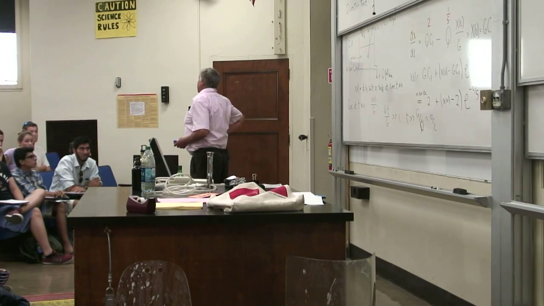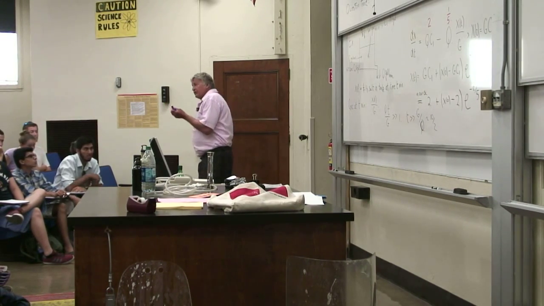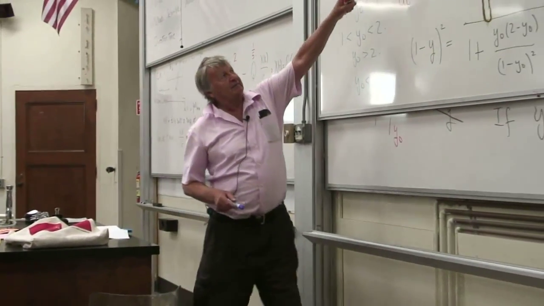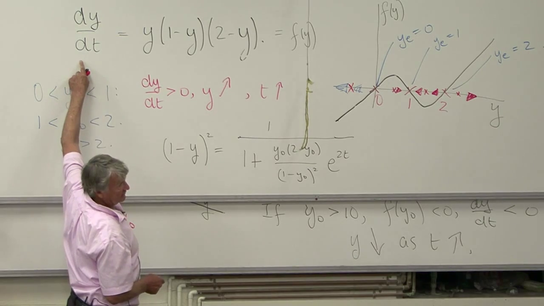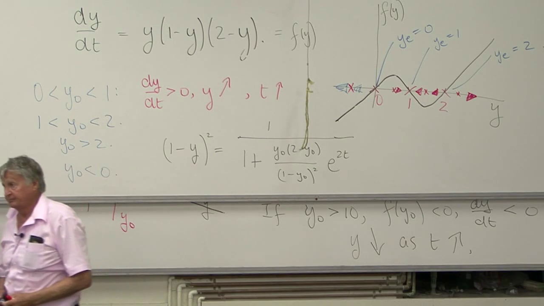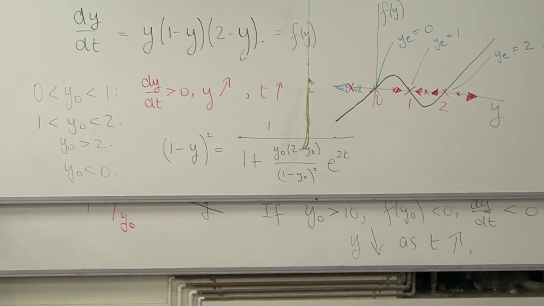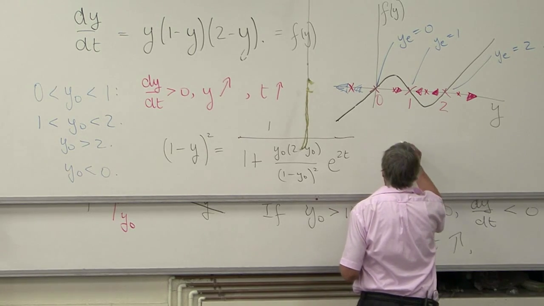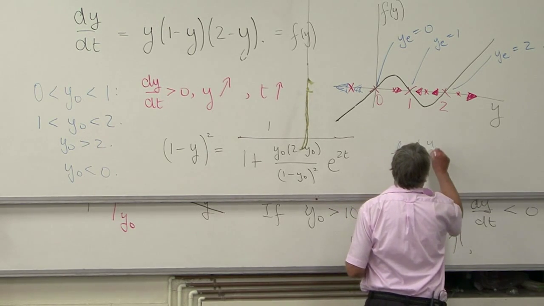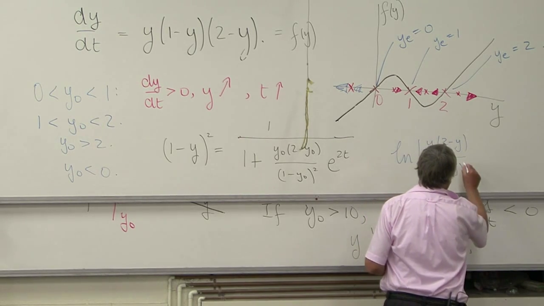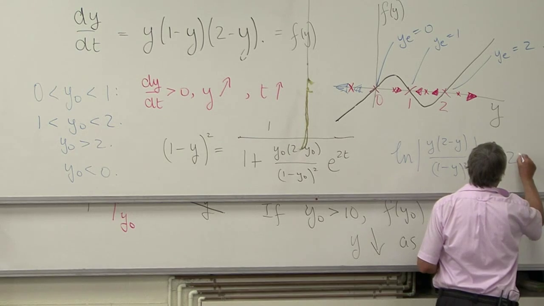The thing is, you get down to a point where you somehow integrate. At one stage, you first have to divide across by this, separate, and then you do partial fractions. And when you do partial fractions, you'll get something like the log of y times (2 minus y) divided by (1 minus y) squared equals 2t plus c.